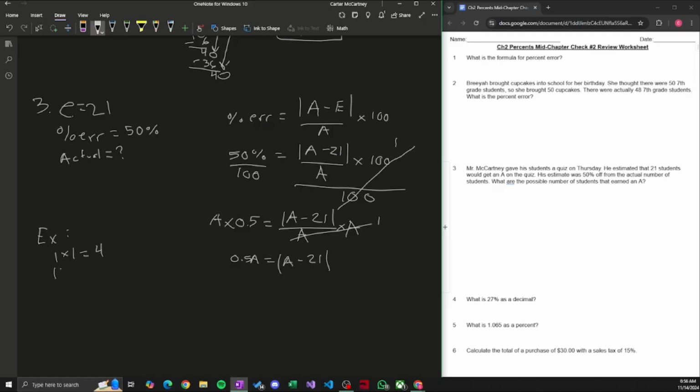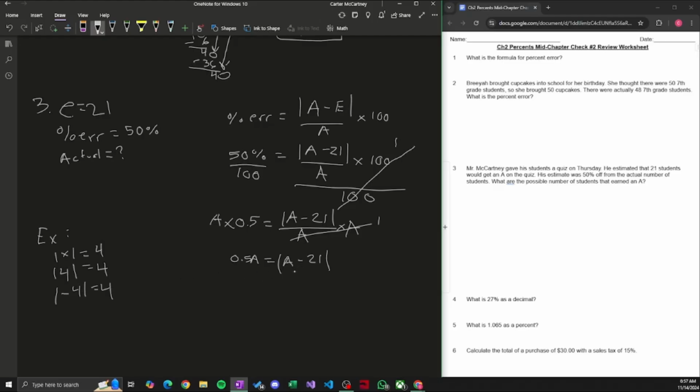The absolute value of 4 equals 4. Absolute value of 4 is just 4. Absolute value of negative 4 also equals 4. So either a positive number in here or a negative number in here gives us the same result.